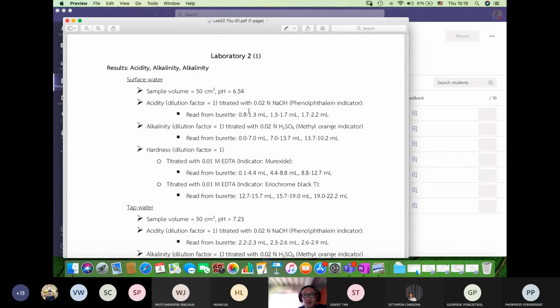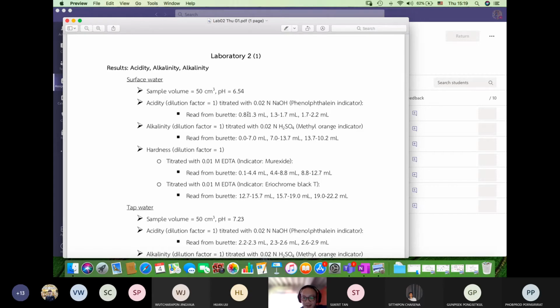The starting point is 0.8. At the endpoint, the students stop the titration and take a look at the burette, and the end reading is 1.3 mL.